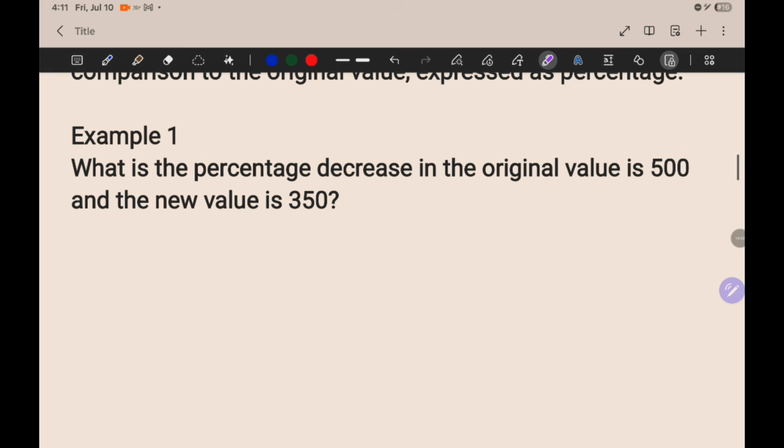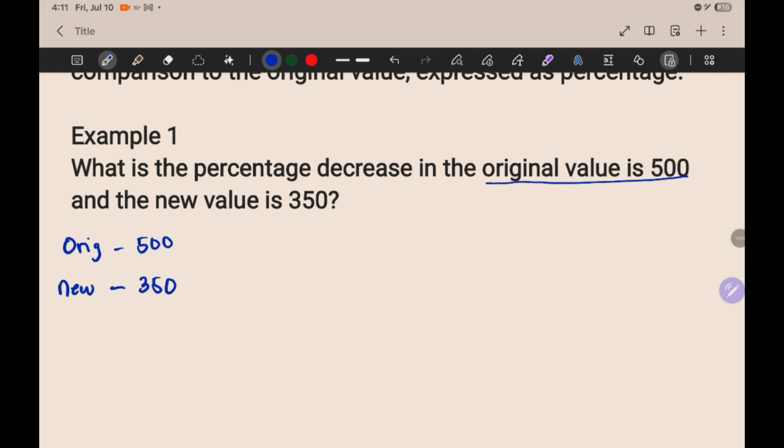What is the percentage decrease if the original value is 500 and the new value is 350? So, same pa rin. Take note natin yung original value at saka yung new value. So, alin dito yung original value natin? So, original value is 500 and the new value is 350.